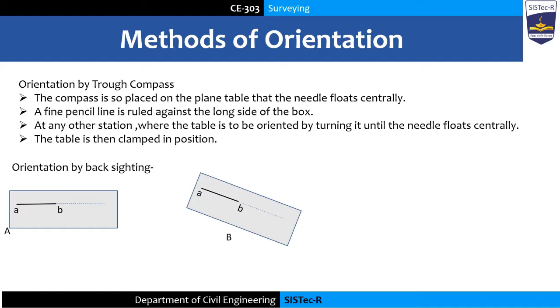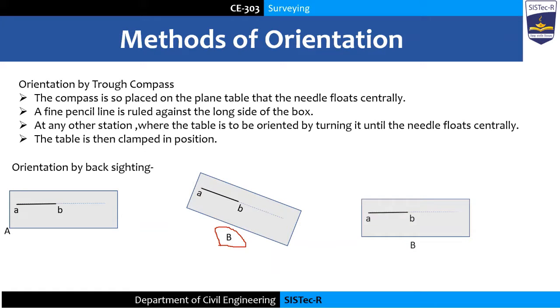Suppose I just kept this table in this direction, then you know that this table is not oriented in the right direction. So as you are on this station B, you will put a ranging rod here on this AB, and you will rotate the table until this line coincides with the line of sight of that rod.